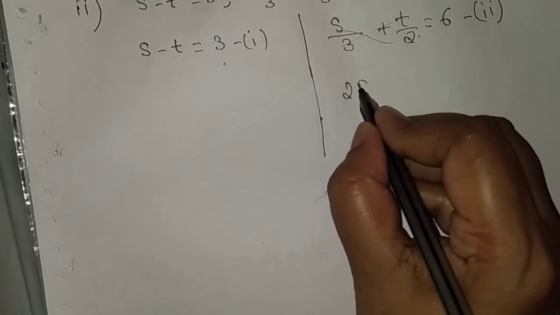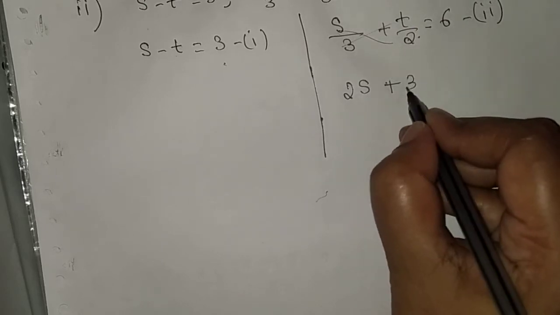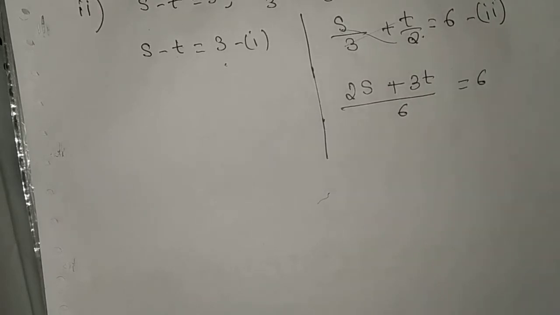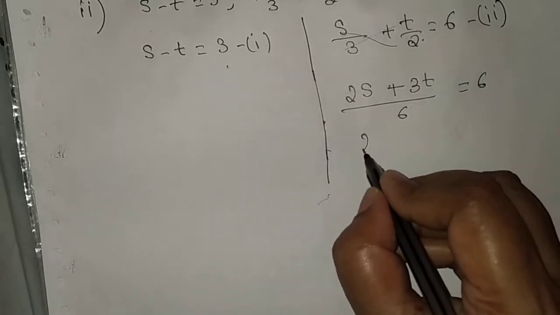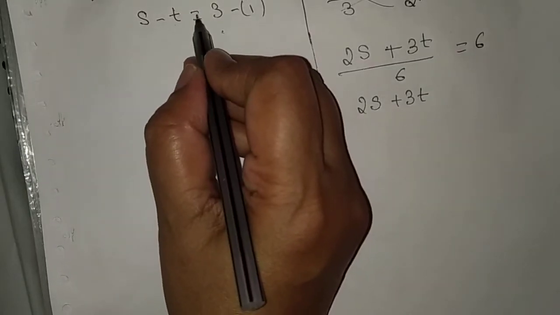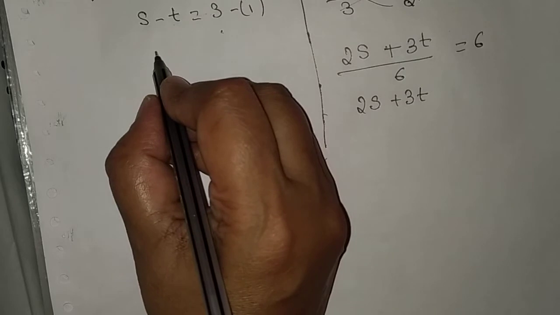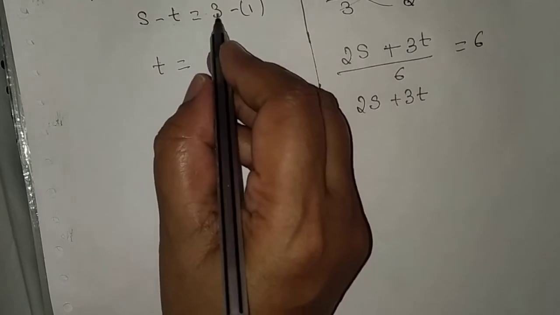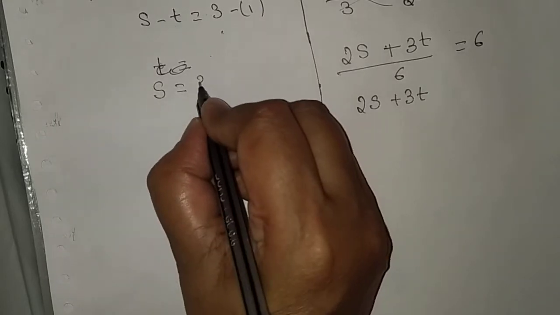So the first step, we take this equation and cross multiply. This will become 2s plus 3t by 6 is equal to 6. Now, after cross multiplying, we'll take the first equation and find one of the variables: s is equal to 3 plus t.